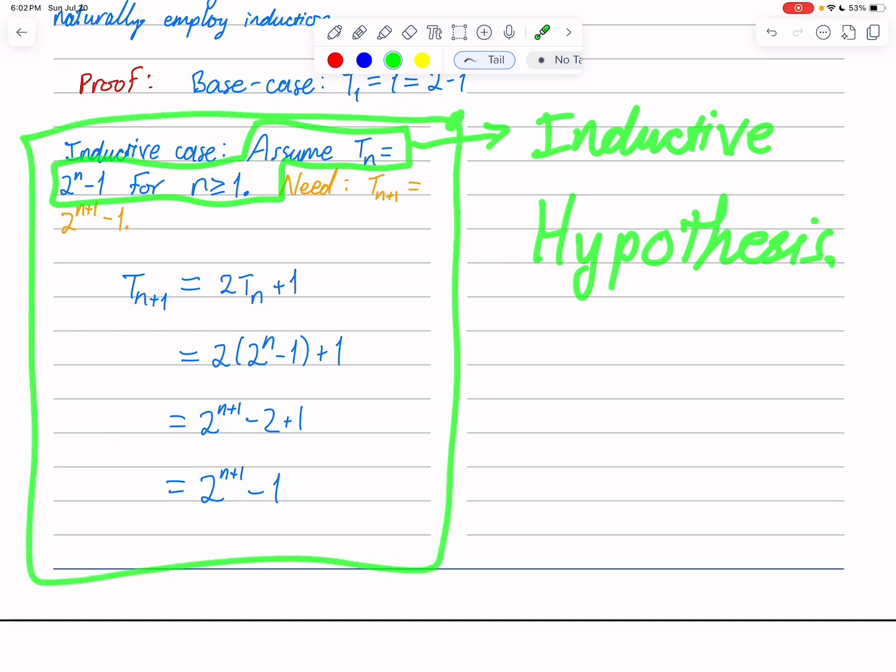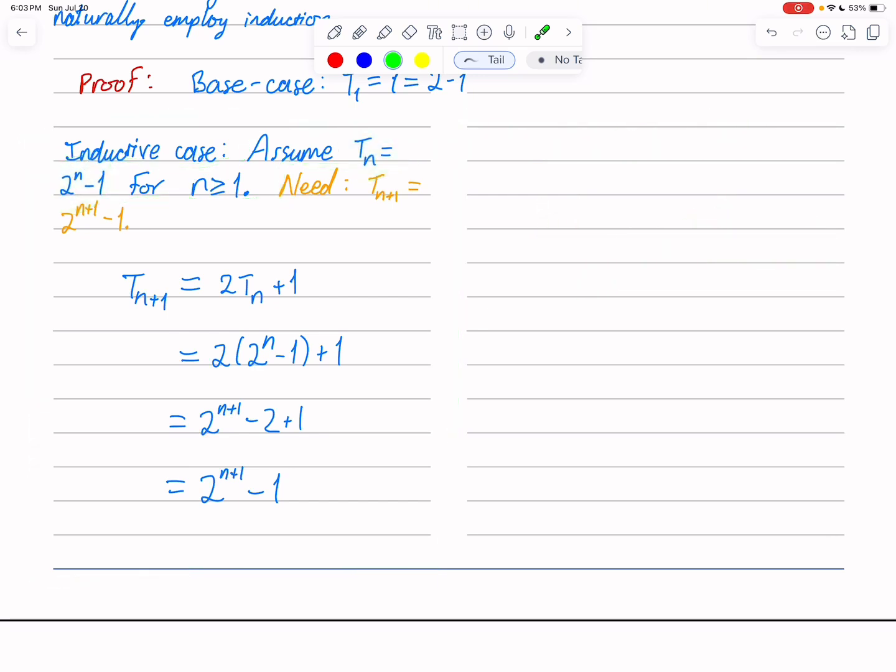The assumption that we make is often called the inductive hypothesis, and it is always that the thing we are trying to prove is true for a given arbitrary n. So the thing we are trying to prove is t sub n equals 2 to the n minus 1. We assume that that is true for n, and with that assumption in hand, we then use it to prove that the claim is true for n plus 1.